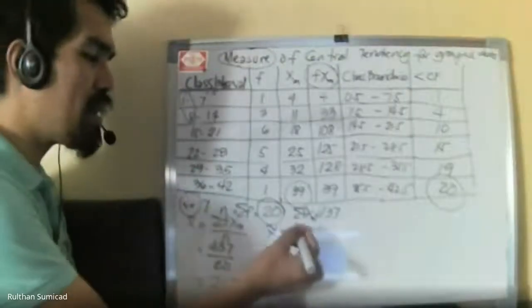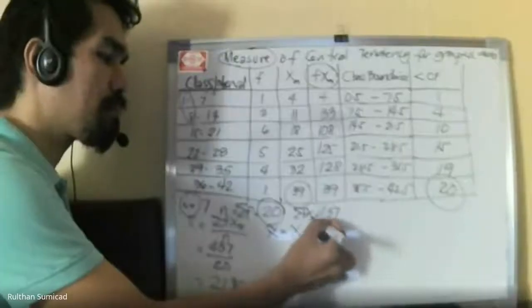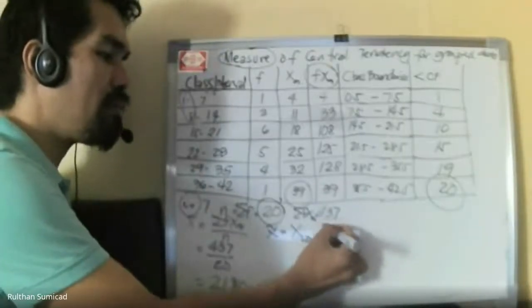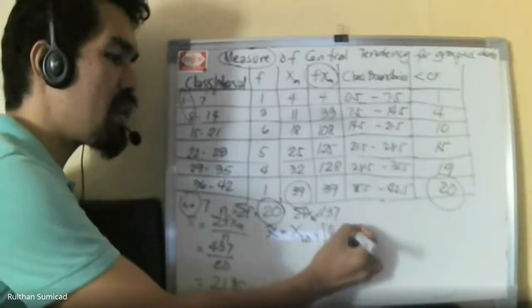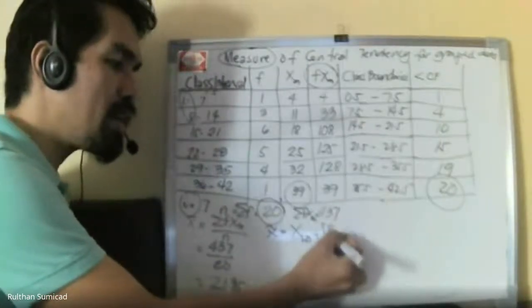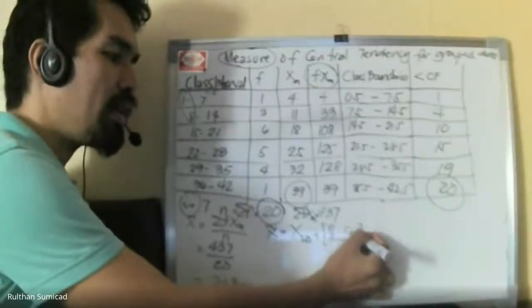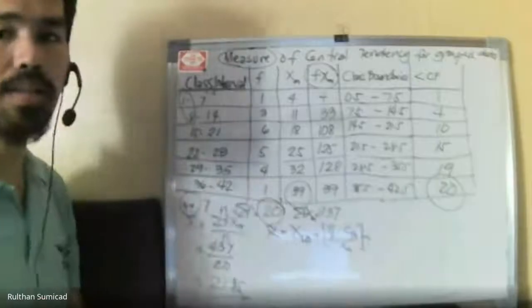Median. Median, sir. Okay, the formula for median is simply x LB plus n divided by 2 minus c f sub b divided by f sub m, then times i. That's the formula.